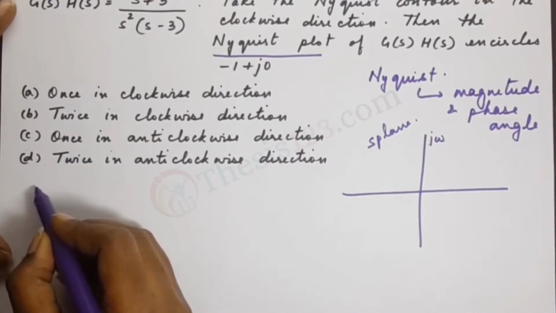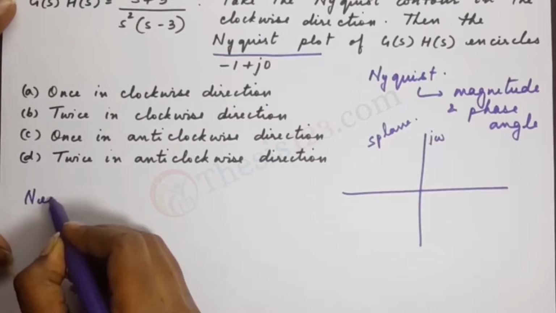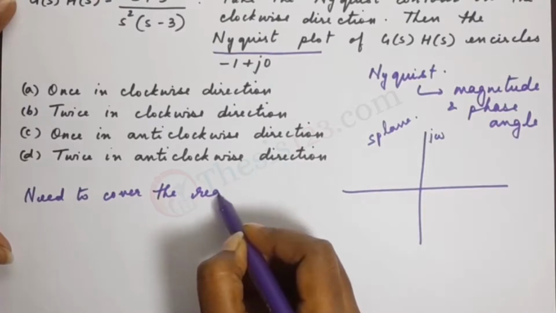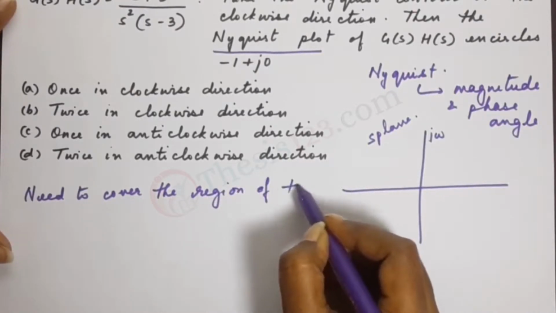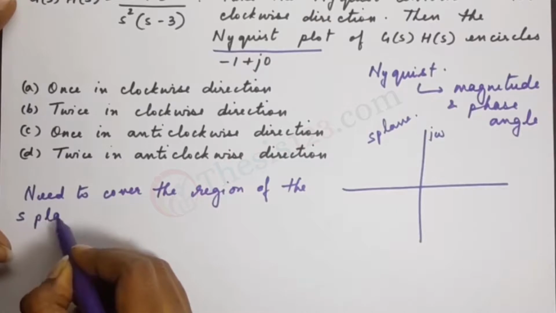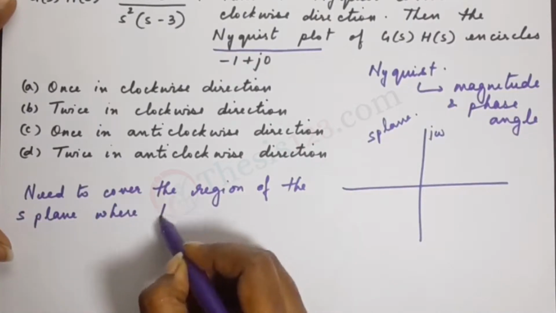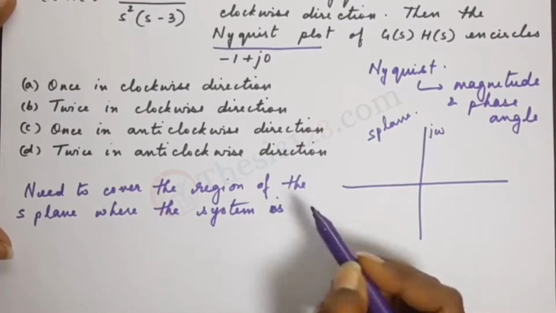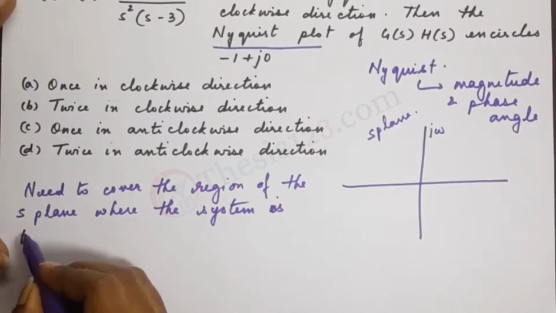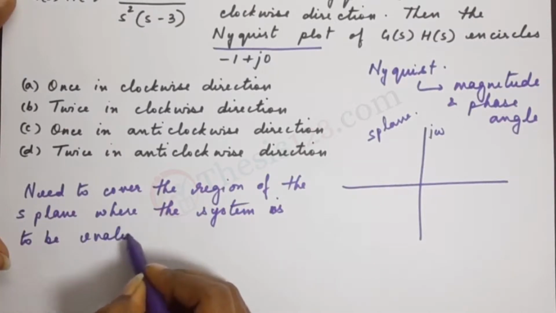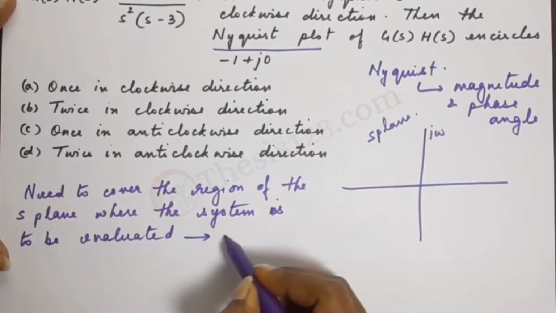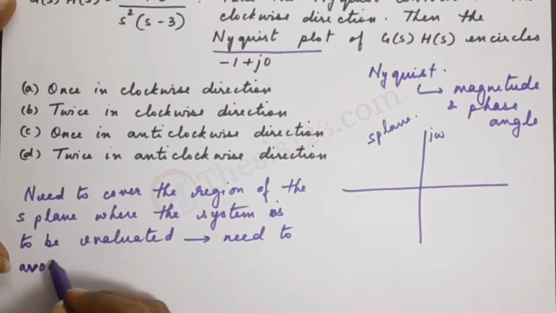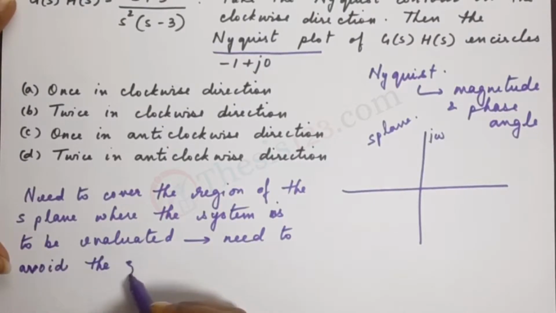So I'll write that down: need to cover the region of the S-plane where the system is to be evaluated, and we need to avoid the zeros and poles.